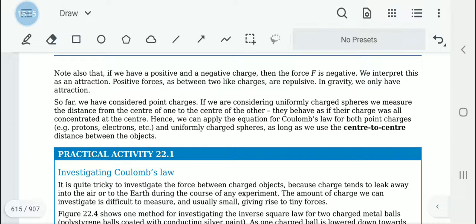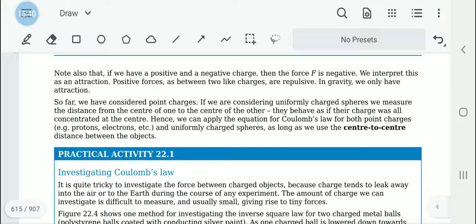Leave a line and write. When we consider positive and negative charges, the resulting force F is negative, meaning that they attract. Positive forces repel.